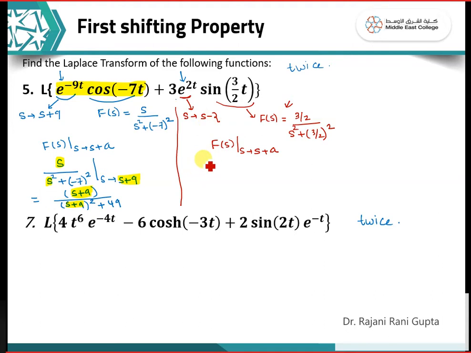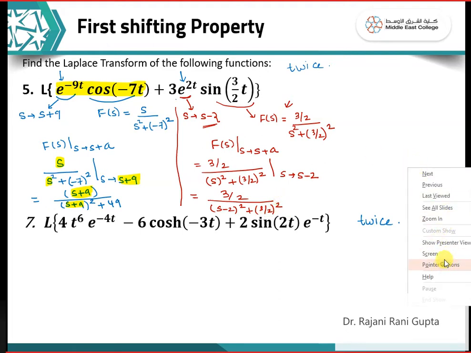So this gives you 3 over 2 divided by s square. Now we are not changing the value now. Plus (3 by 2) square. S goes to, in place of s plus a, we have s minus 2. Now replacing s by s minus 2, you will get 3 by 2 divided by (s minus 2) power 2 plus (3 by 2) power 2.